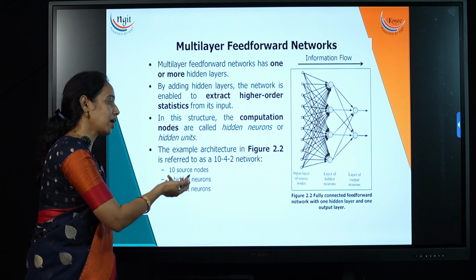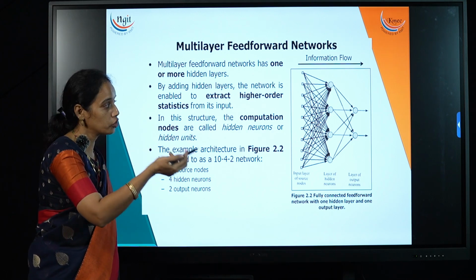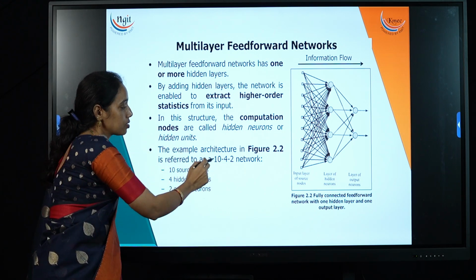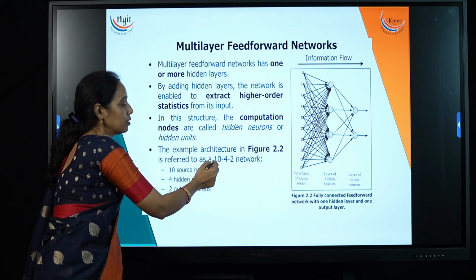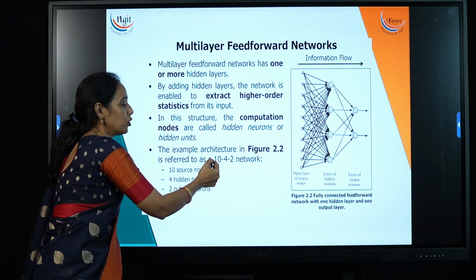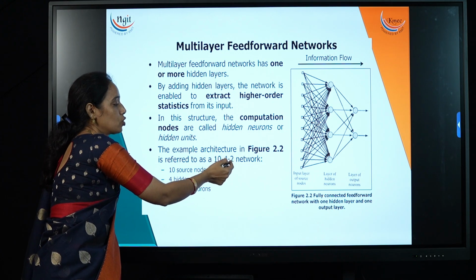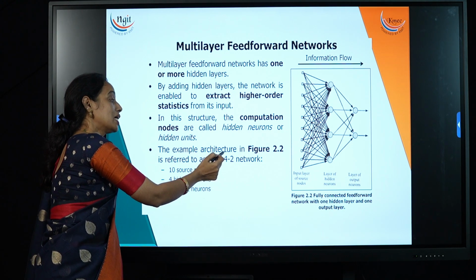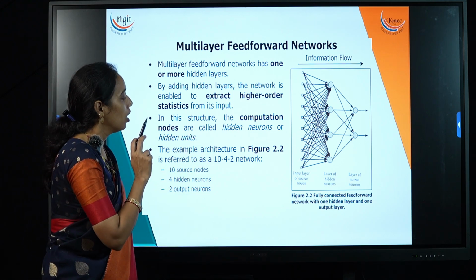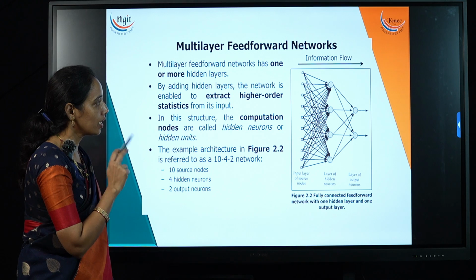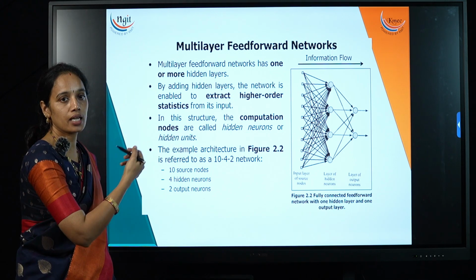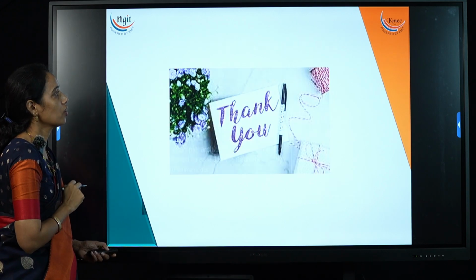If a question comes like 8-6-2, then you should modify the diagram accordingly as per this prescribed form, not formula exactly. So we are going to define the network in this way. If it is 8-6-2, then you should have 8 source nodes, 6 hidden neurons with 2 output neurons. This is what we call a fully connected feed forward network with 1 hidden layer and 1 output layer. So this is the difference between the single layer feed forward network and the multi-layer feed forward network.